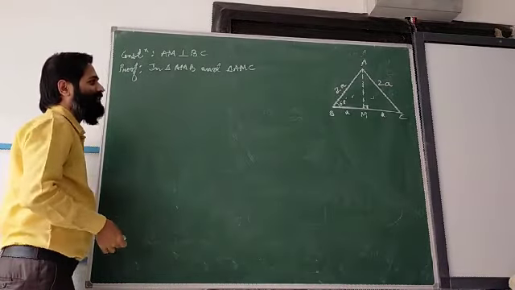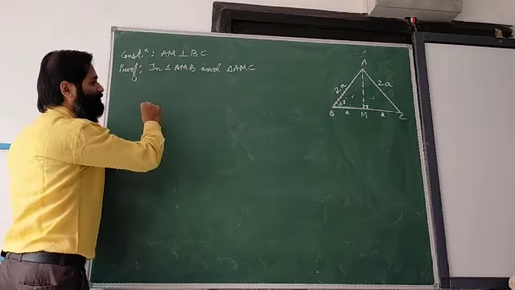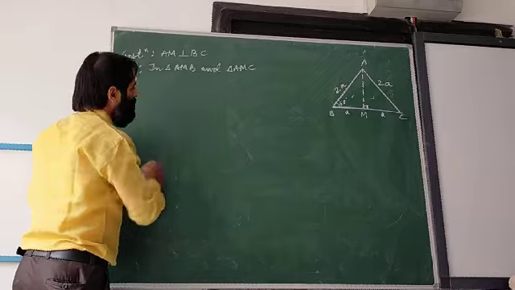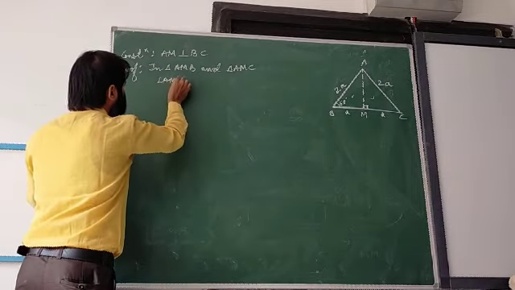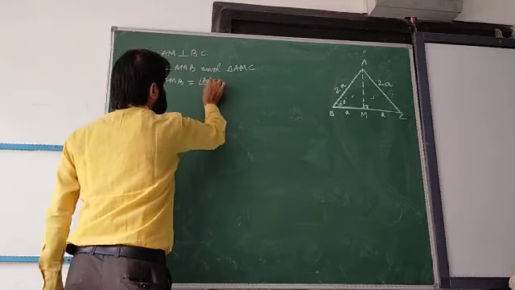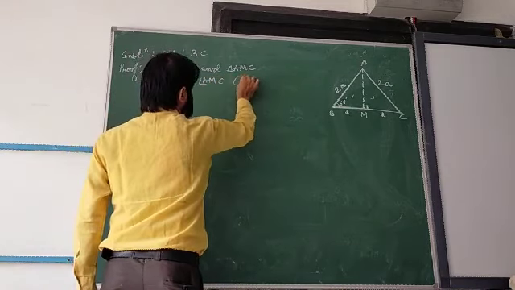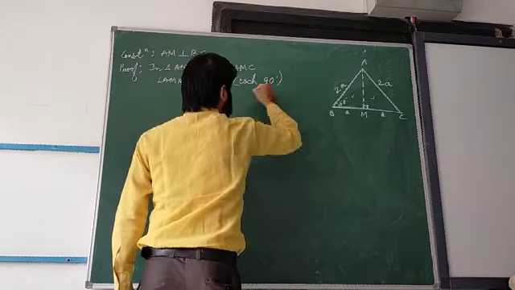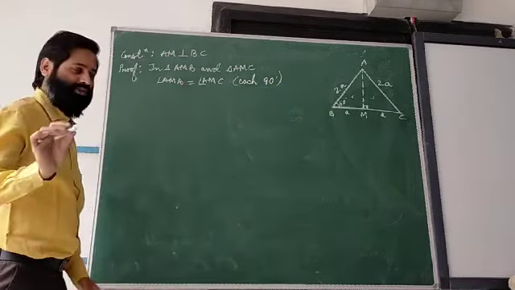Okay. So in this we can prove it by RHS. Right angle: angle AMB equals angle AMC. Why? Each is 90 degrees, or AM perpendicular to BC, your choice.